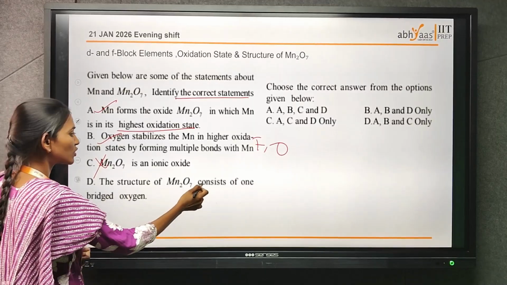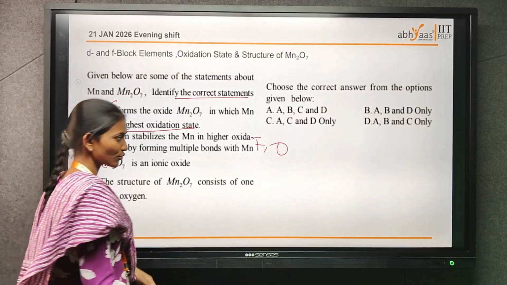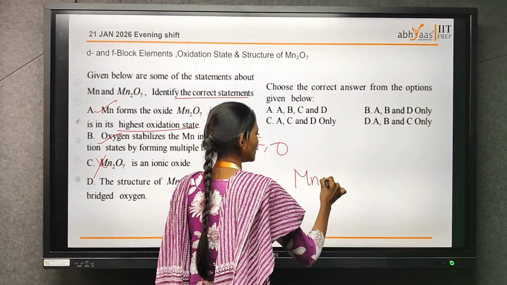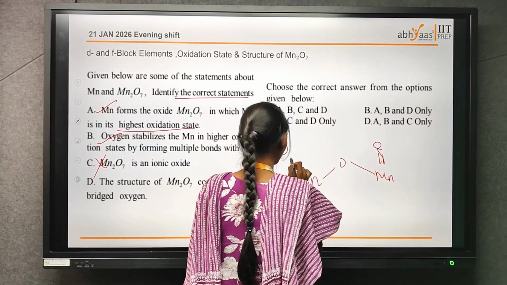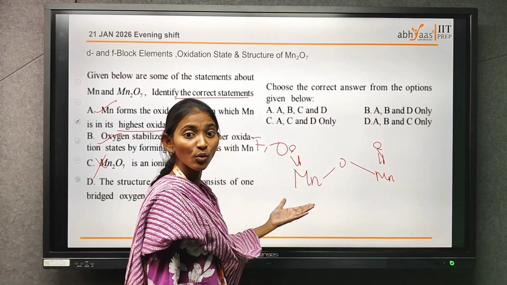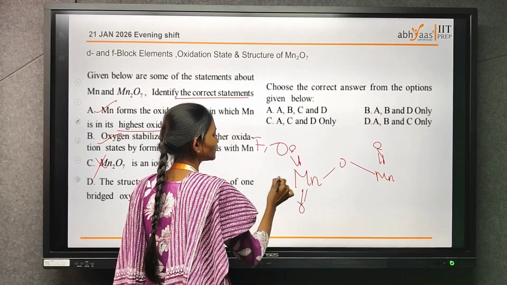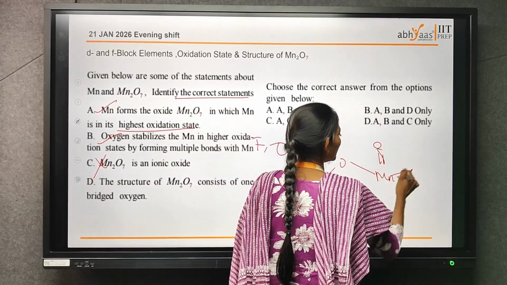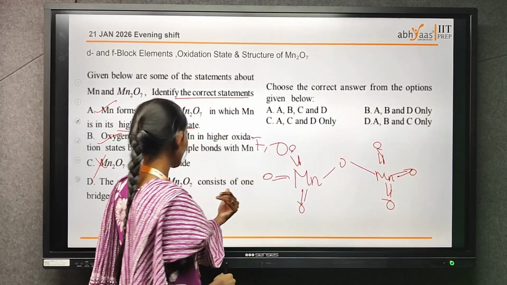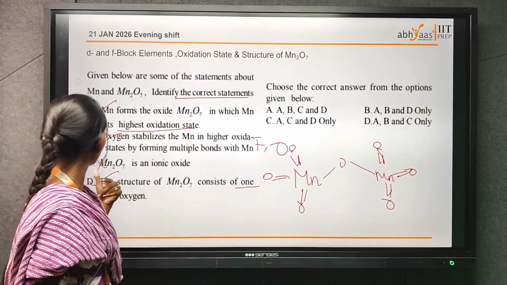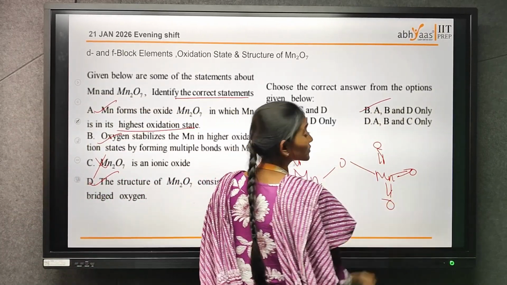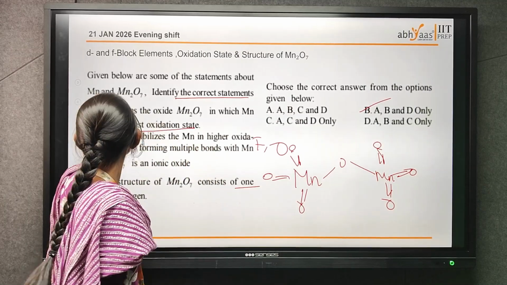And the structure of Mn2O7 consists of one bridged bond. We need to know the structure. Mn, O, Mn, and double bonded O. We are having O7, right? We need to balance. How many are they asking? Only one. So this option will be correct. So the answer will be B. Not that lengthy, a moderate one.